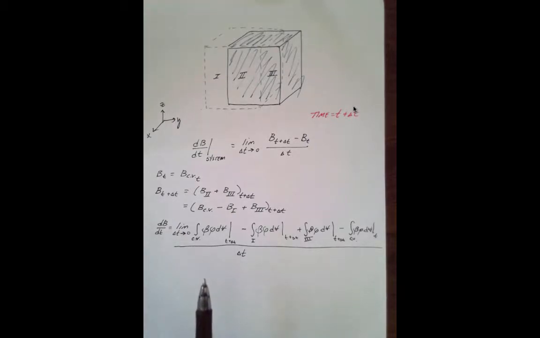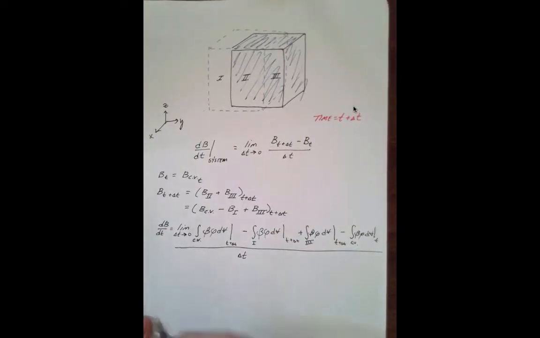So I'll just examine what that results in. The first term is the rate of change of beta in the control volume, and I refer to it as the volume integral, and then the remaining terms are going to be flux integrals. So let's go ahead and expand this.